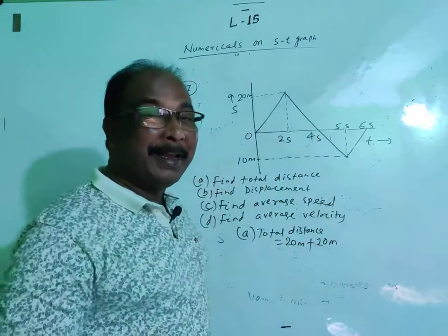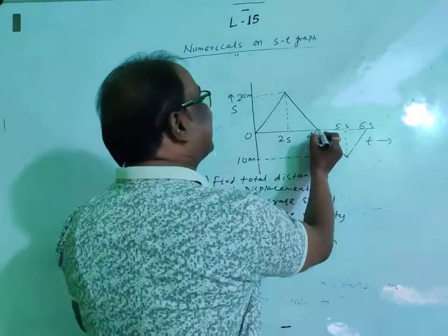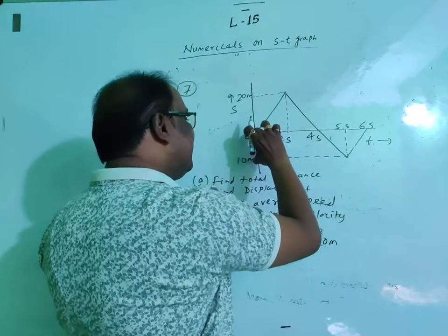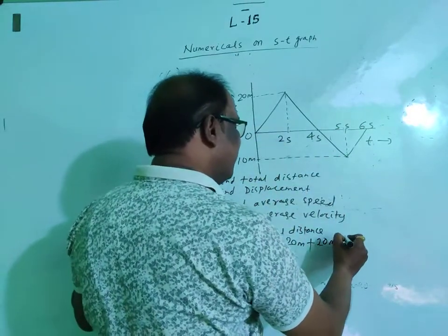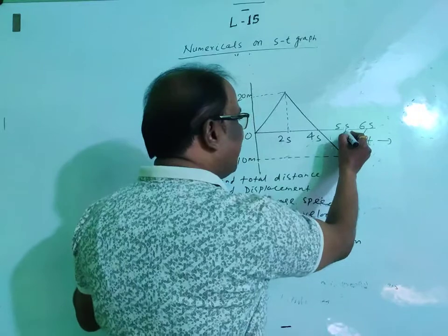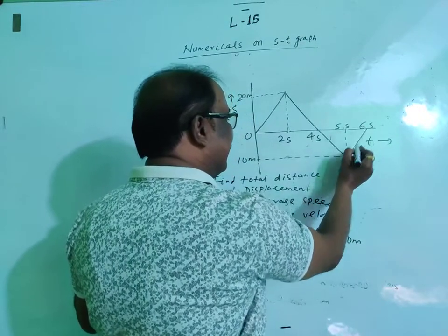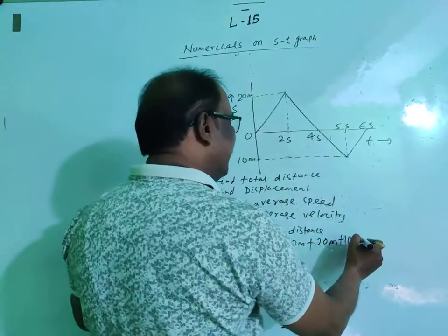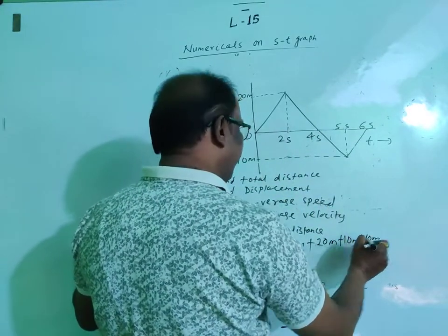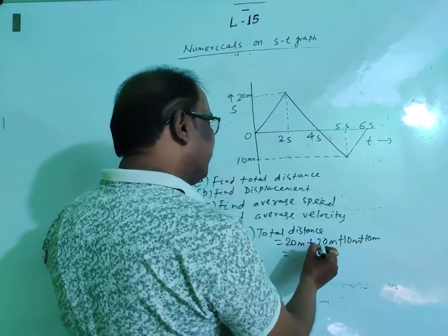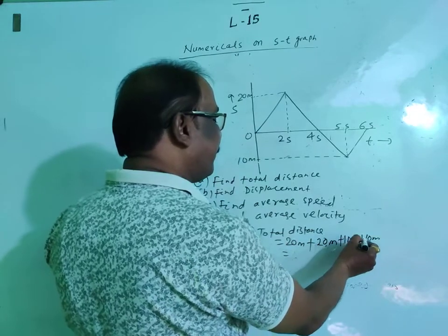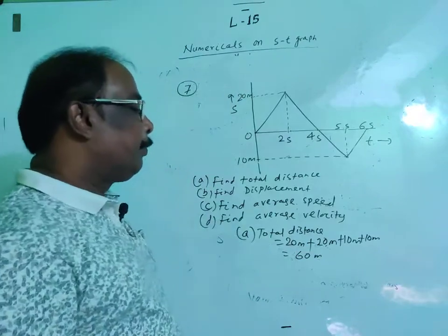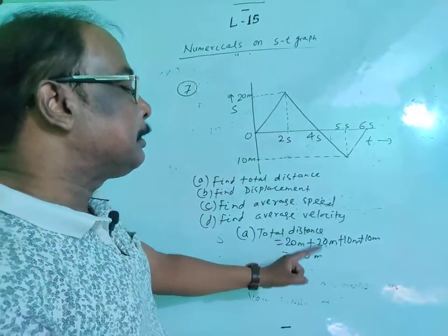Distance can never be negative. In the next 1 second, from 4 seconds to 5 seconds, distance covered is 10 meter. Then from 5 seconds to 6 seconds, again the body has returned back to the original position. So again 10 meter. So total distance is 20 plus 20, 40 plus 20, 60 meter. Total distance is 60 meter.